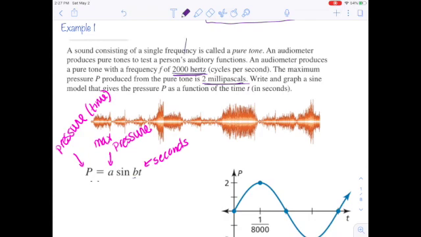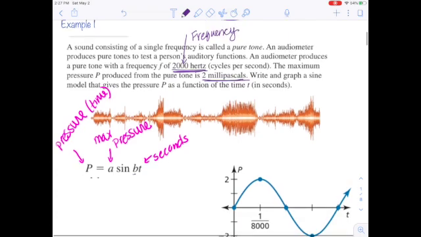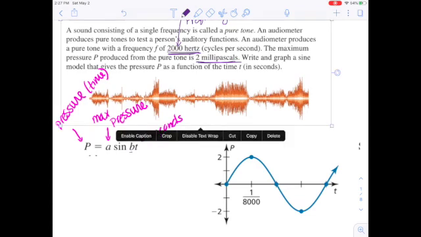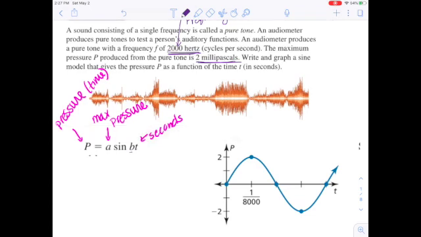To begin with, I'm going to define a few things: our frequency and our max pressure. Looking at our graph, I get the 2 along the y-axis because of our max pressure. So we have our max and our min.